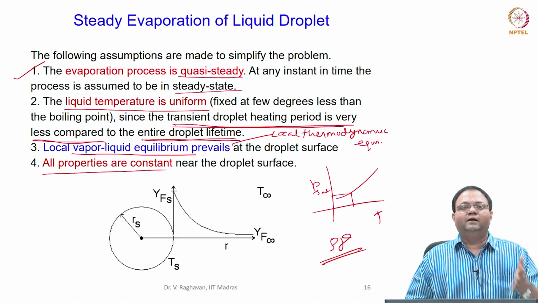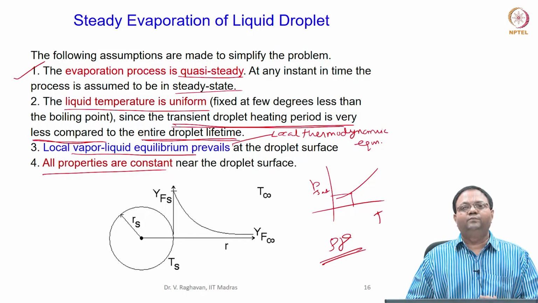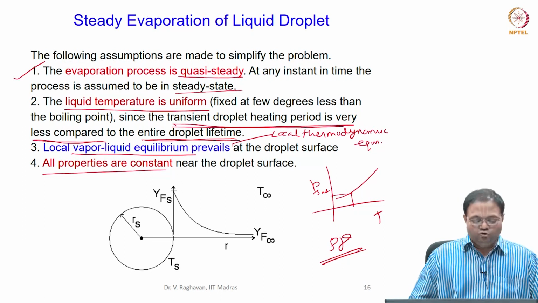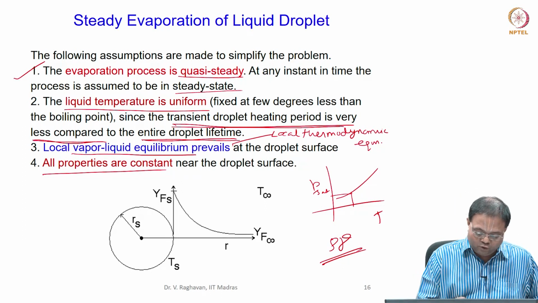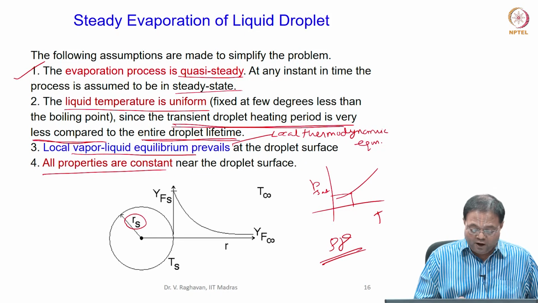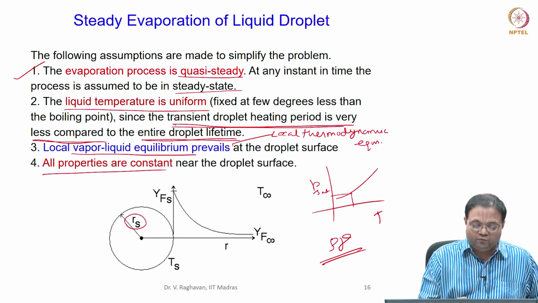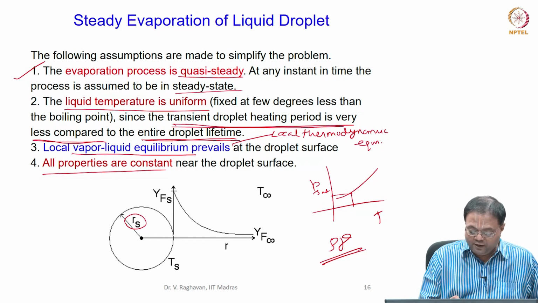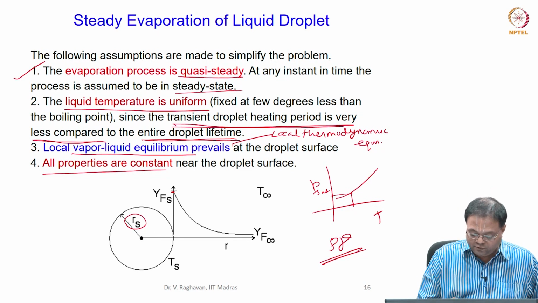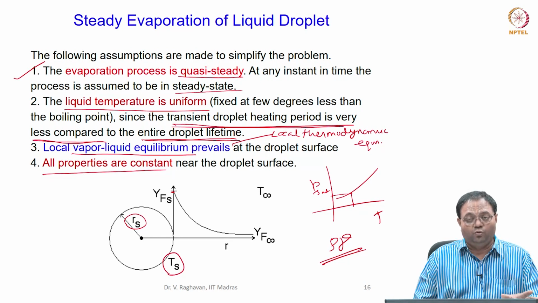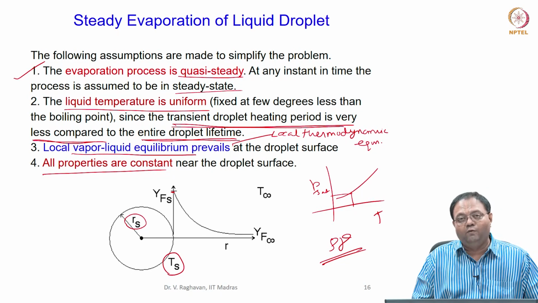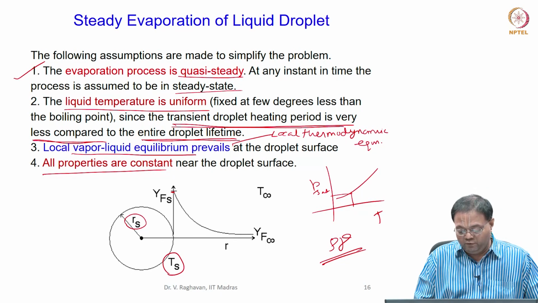See, any theoretical calculation involves such assumptions to bring down the complexity of the problem. Okay. So, one dimensional. So, Rs is going to vary as a function of time, and it is going to decrease from Rs initial to 0, and at any point, based upon the surface temperature being constant now, a definite value of Yfs is going to be there, and that decreases to a very low value of Yf infinity when you go far away.